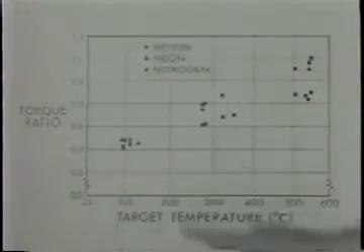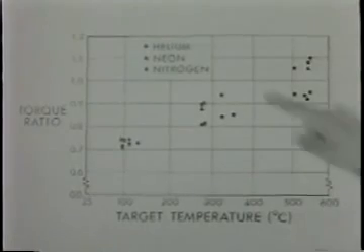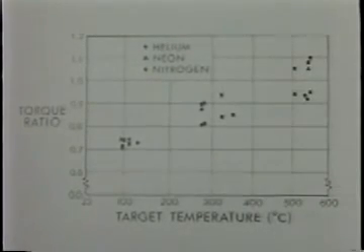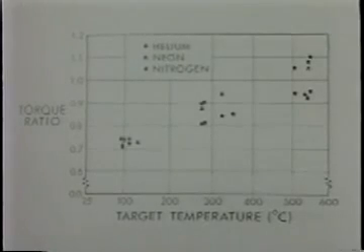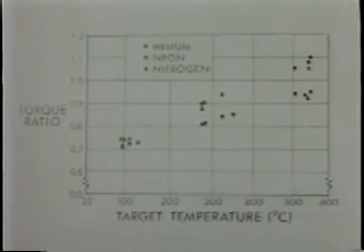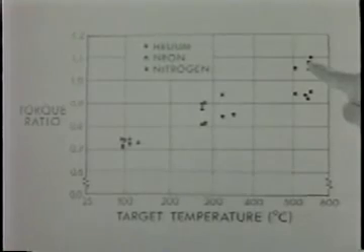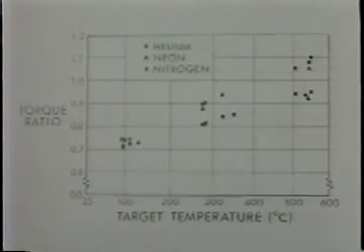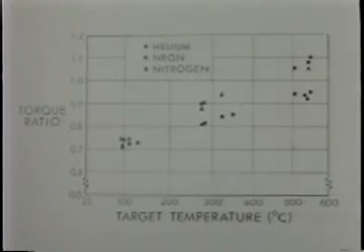with beams of various gases striking the aluminum target. The source pressure has been held constant throughout. Our results for nitrogen lie here. Calculations show that the torques for molecules which have been re-emitted in equilibrium at the target temperature, that is, perfectly accommodated, should lie here, along this line.